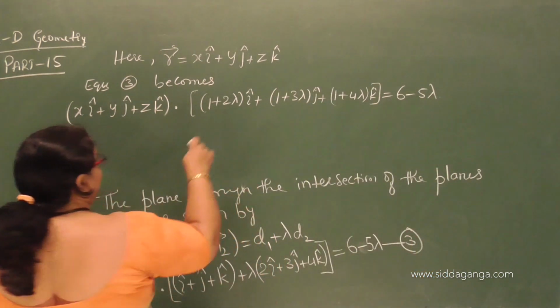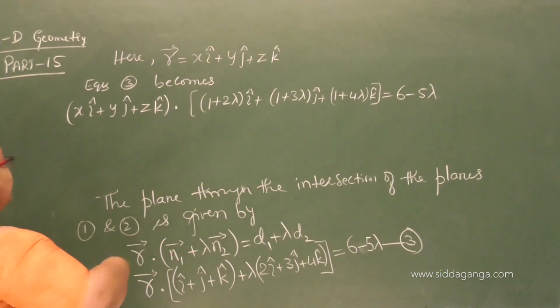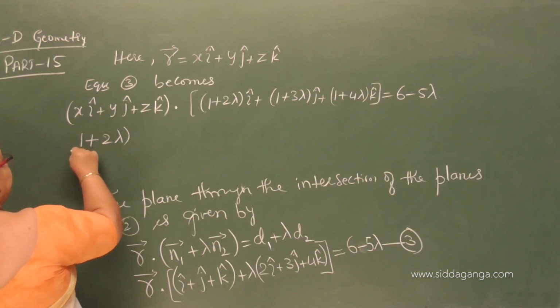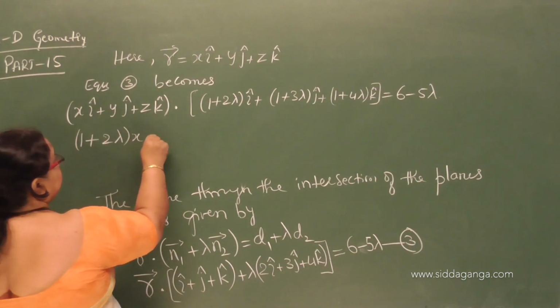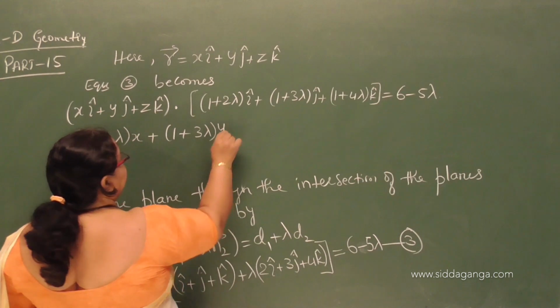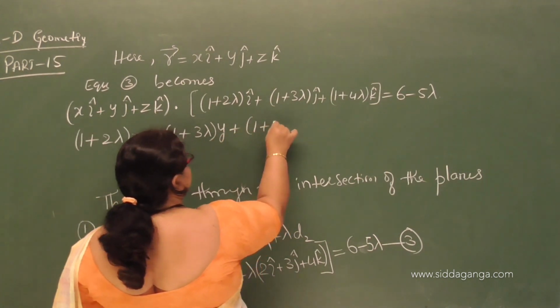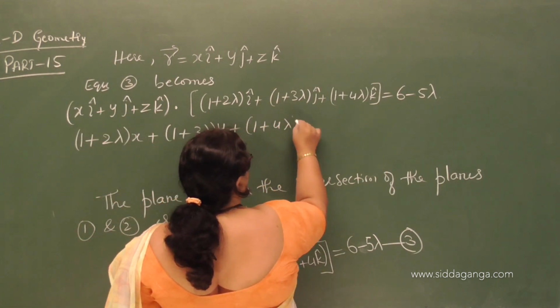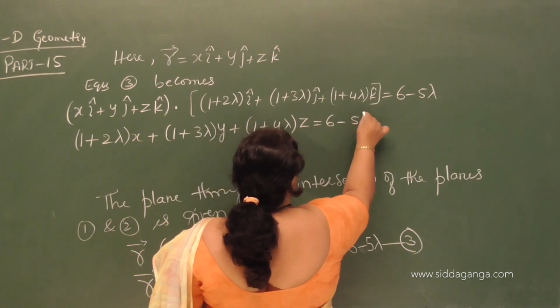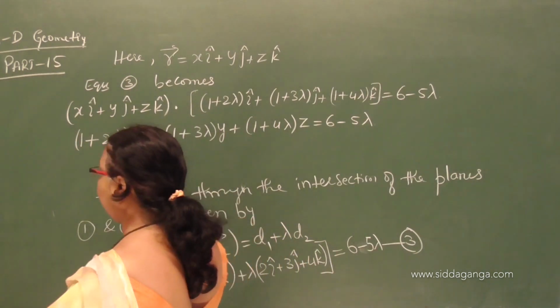Now you take the dot product of these two vectors, then it becomes 1 plus 2 lambda into x plus 1 plus 3 lambda into y plus 1 plus 4 lambda into z equal to 6 minus 5 lambda.